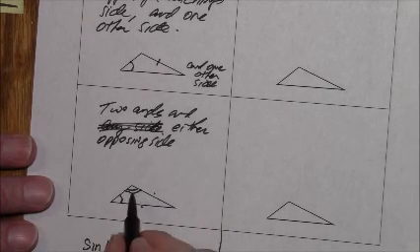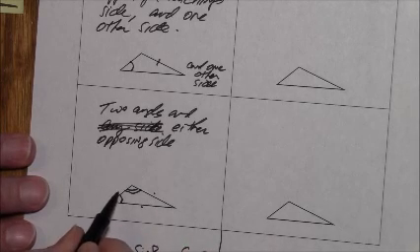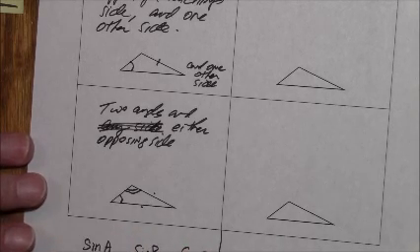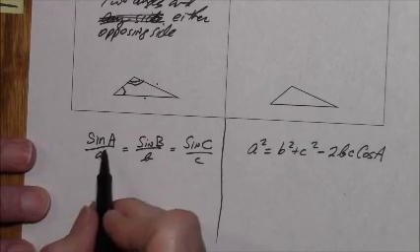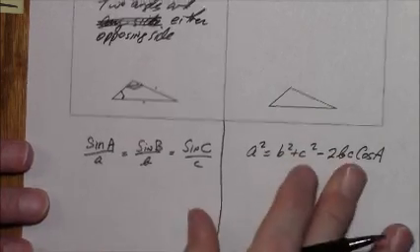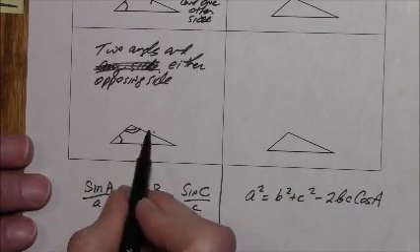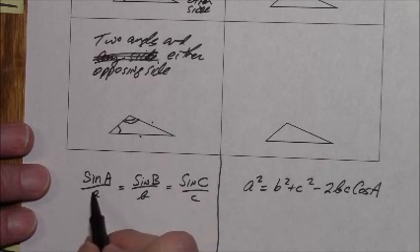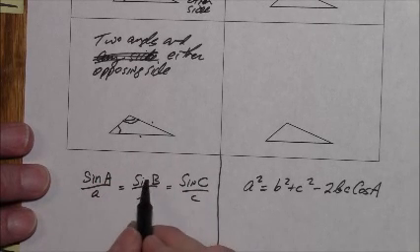Okay, across from that and across from that. This one wouldn't do it, because for the law of sines, you have to have at least one pair of two things. So if you had this angle and that side, it would be like these two. And then this angle would give you that.